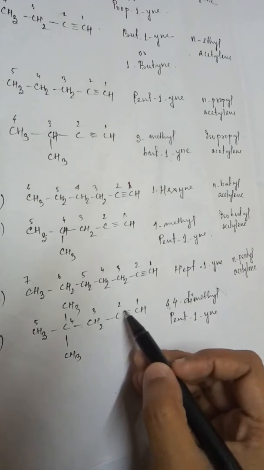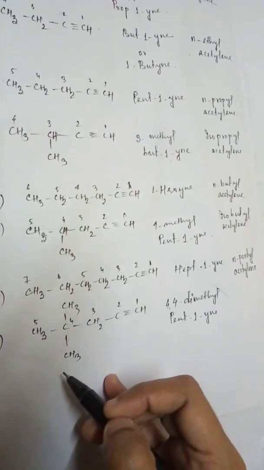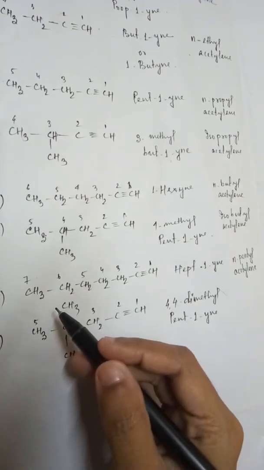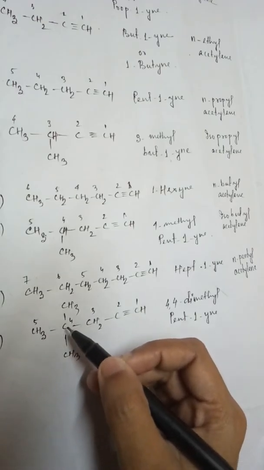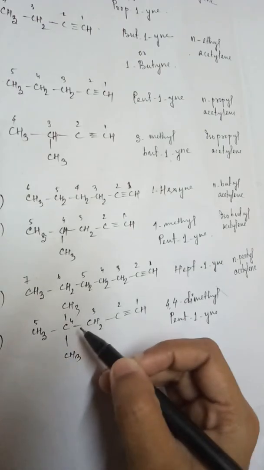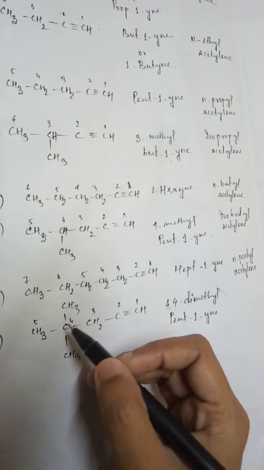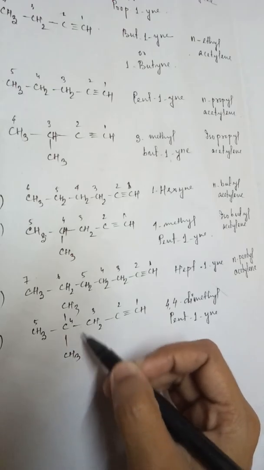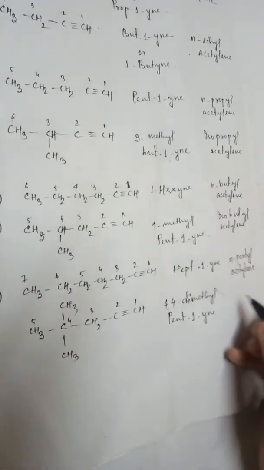Now what is the common name? Except this acetylene part, in the rest of the part the number of carbon atoms is 1, 2, 3, 4, 5, so a total of 5 carbon atoms are present. And one more thing is that 3 methyl groups are attached to a single carbon atom, right? All 3 methyl groups are attached to a single carbon atom, that is, the center carbon atom. So this structure we call neo structure.